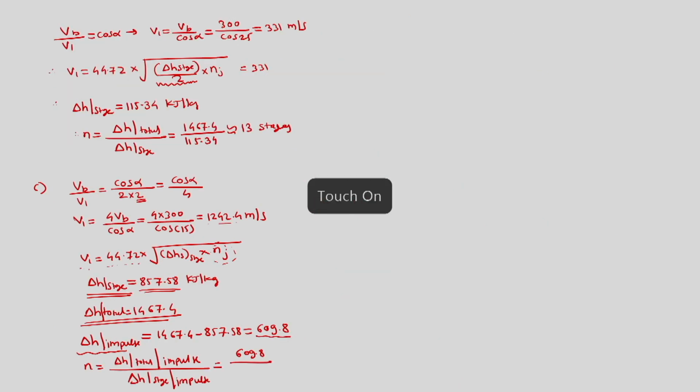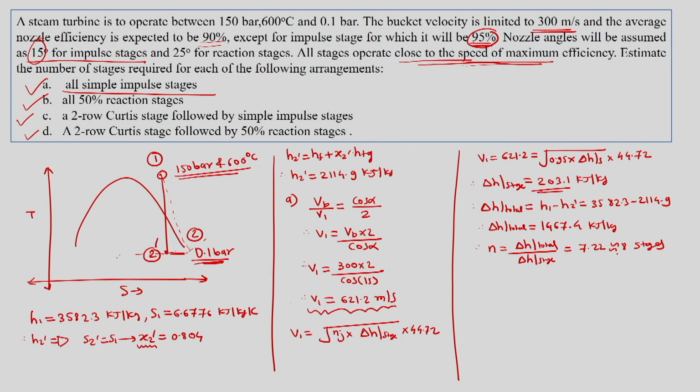So we have around 3 stages. So the 2-stage Curtis will be followed by 3 stages of simple impulse turbine, whereas we would need 8 stages of simple impulse alone.